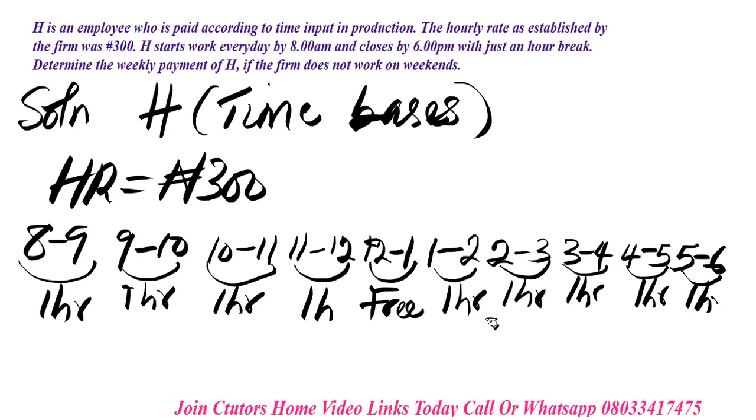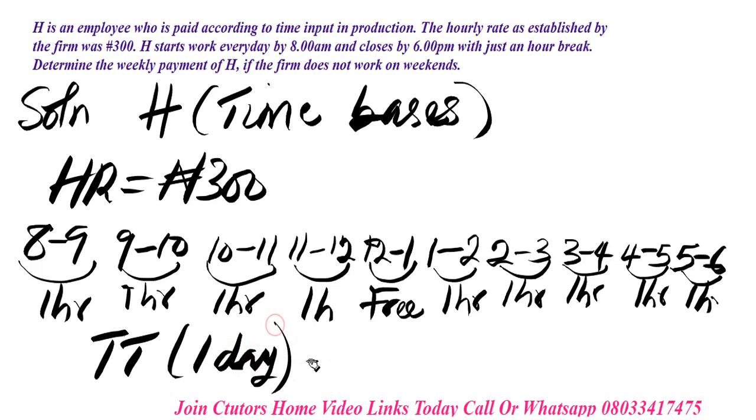This is a free period. 5, 6, 7, 8, 9. So the total time taken for one particular day is 9 hours. That is what this person normally works in one day.